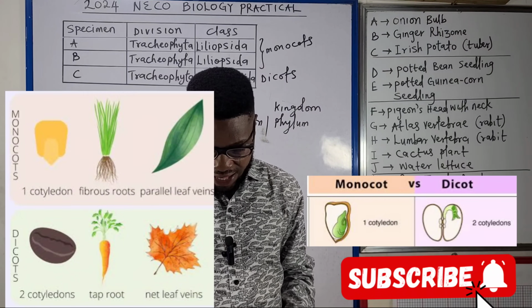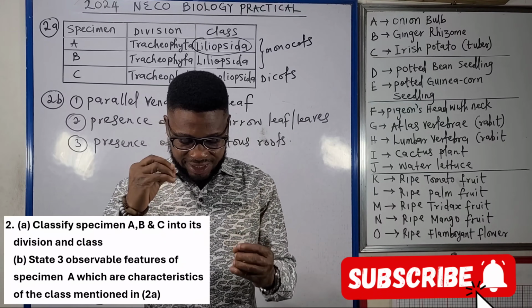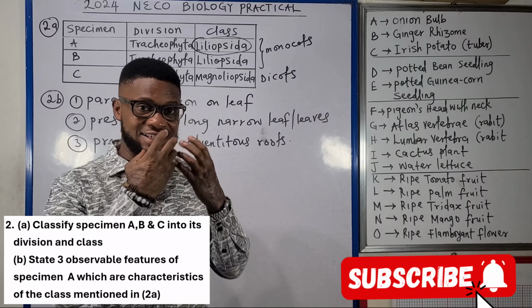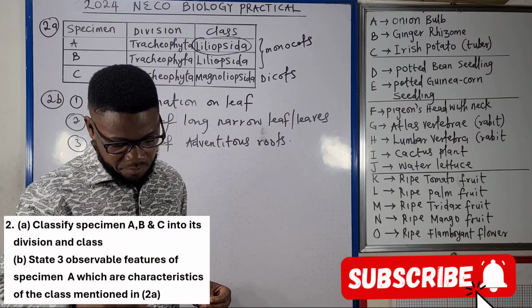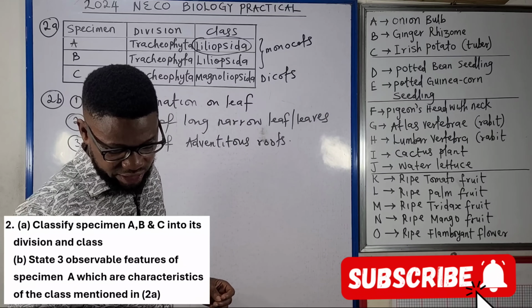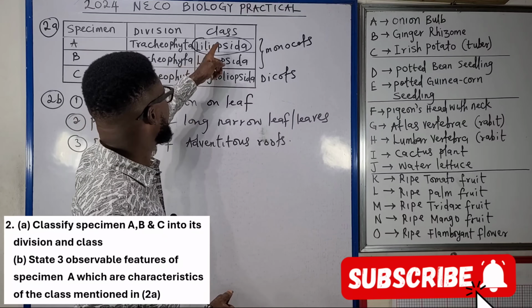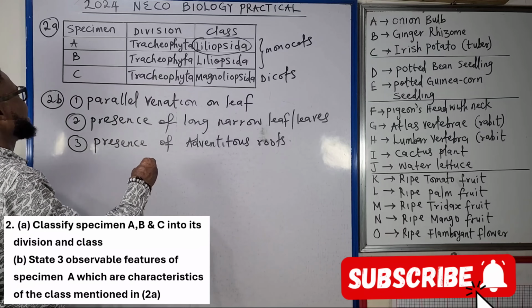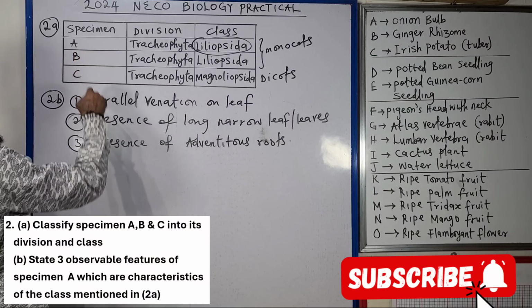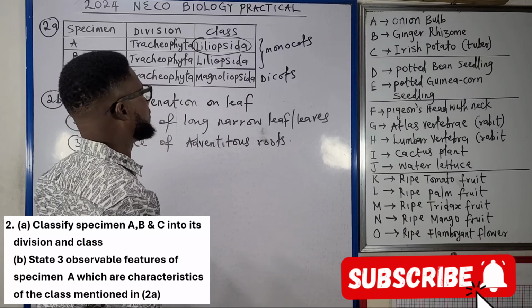So that ends that. Moving on to the next question, 2B, we were told to state 3 observable features of specimen A which are characteristic of the class mentioned. The class we mentioned for A is Liliopsida. So what are the features that we can see in A that are characteristic of Liliopsida?